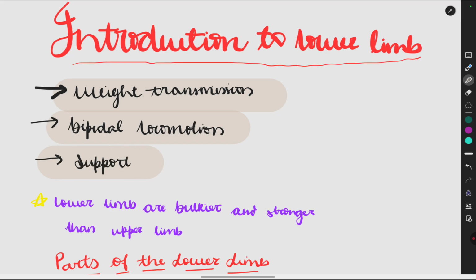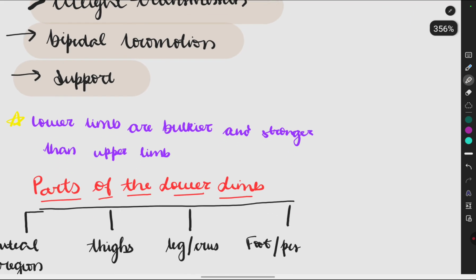It stabilizes the erect posture of human beings, and the lower limb is bulkier and stronger than the upper limb. It is not only bulkier but also stronger, as it contains more muscle mass and also has arteries, veins, and nerves which are stronger than in the upper limb.